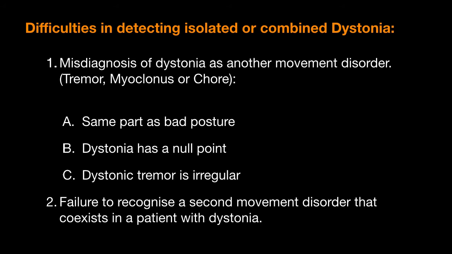You might ask the patient to relax with eyes closed and let the head drift to wherever it feels more comfortable, a maneuver that often leads to unrecognized torticollis or laterocollis. Good to remember that tremor is irregular in dystonia, in contrast to tremor in essential tremor.